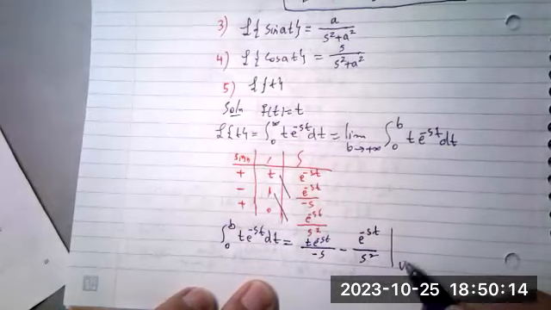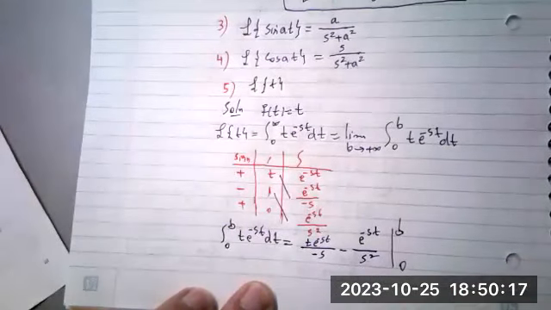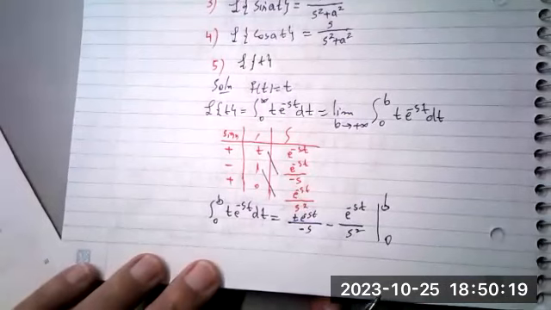And this must be evaluated from 0 to b, and then if you need a condition, you're going to impose it to get it.